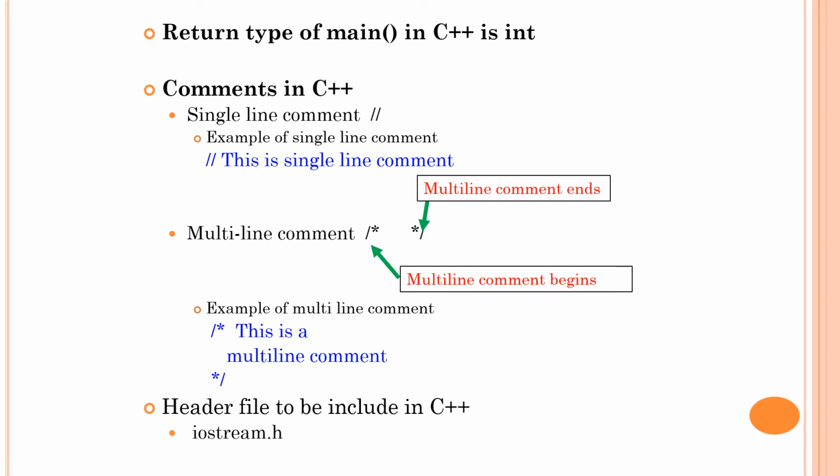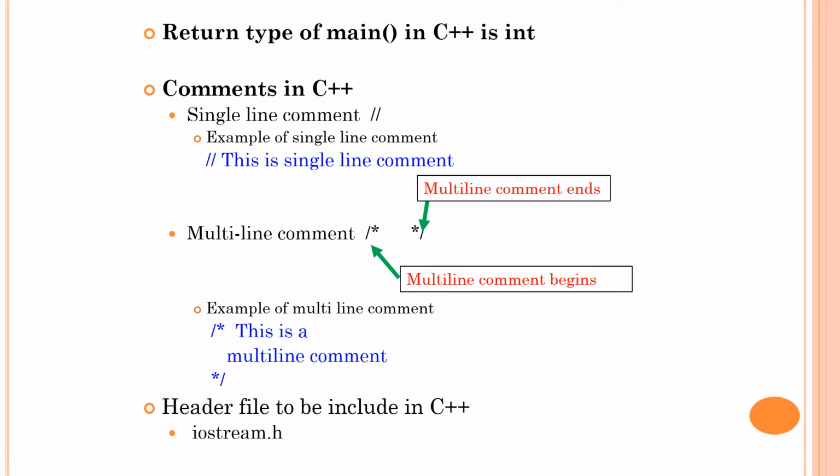Multi-line comment: the beginning of the comment is indicated by a forward slash followed by a star, and the end of a multi-line comment is indicated by a star followed by a forward slash. So anything between slash star and star slash is a comment, as shown in the example.